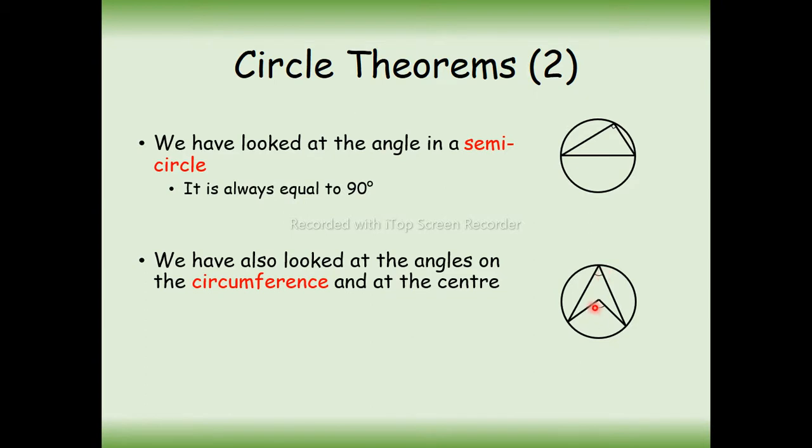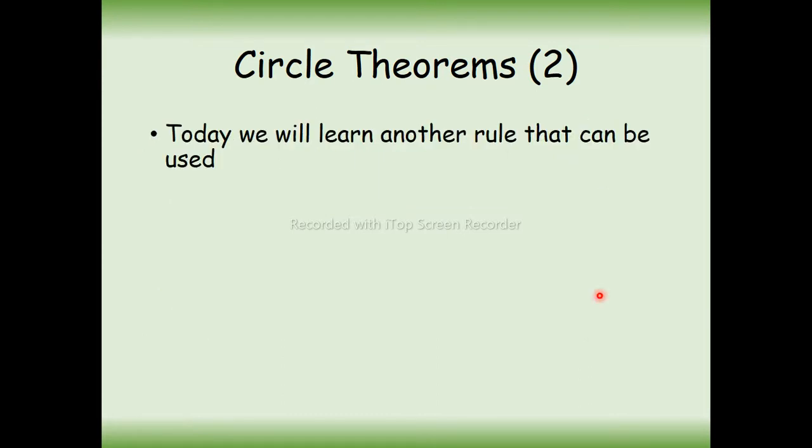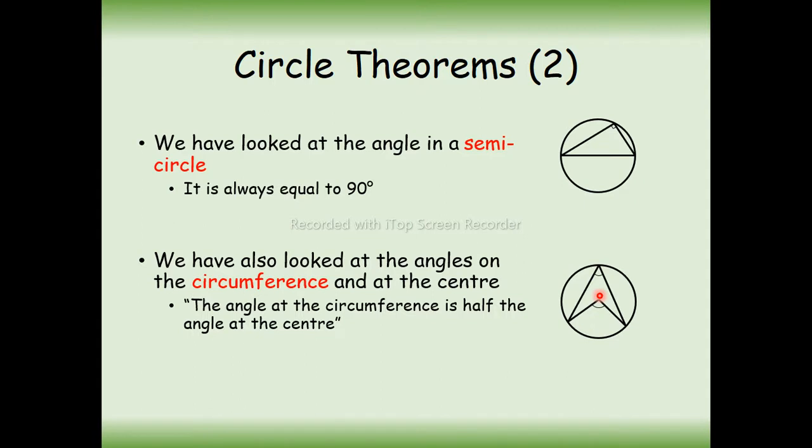If this angle is 100, this angle would be 50. So that's the relationship. The first rule is that the angle in a semicircle is 90 degrees, and the second says that the angle at the center is twice the angle at the edge, or the angle at the edge is half the angle at the center. That's what we looked at yesterday.